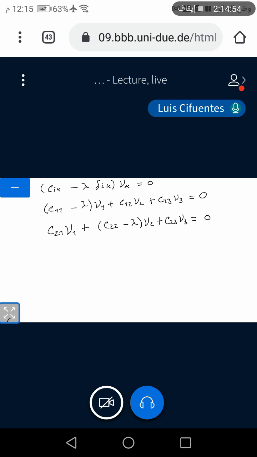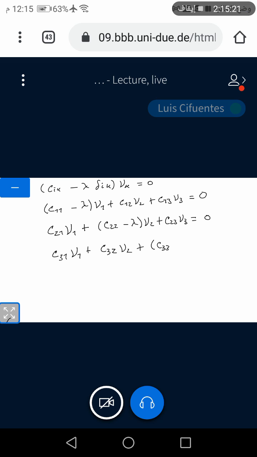And then continue with the third component, the C3. For 3, 1 the Kronecker delta is 0, that's why I just use this, C31 v1, plus C32 v2, Kronecker delta 3, 2 is 0, plus C33.